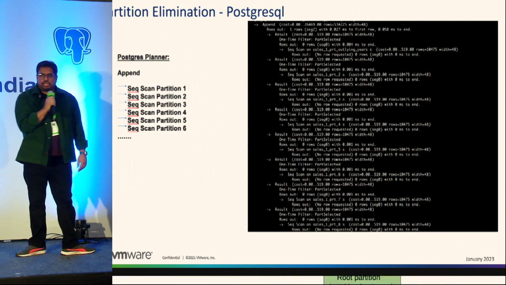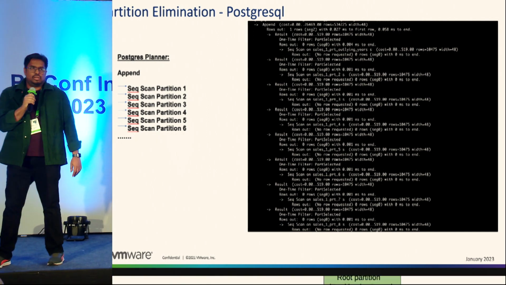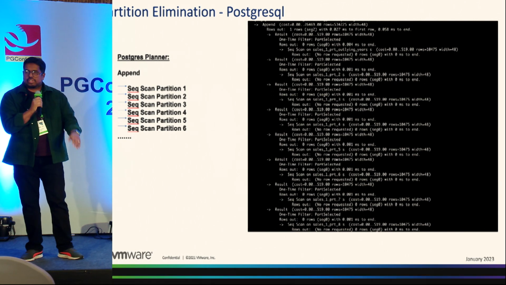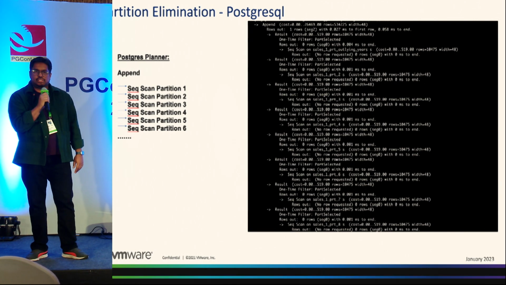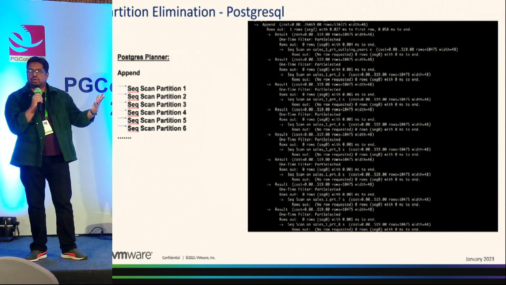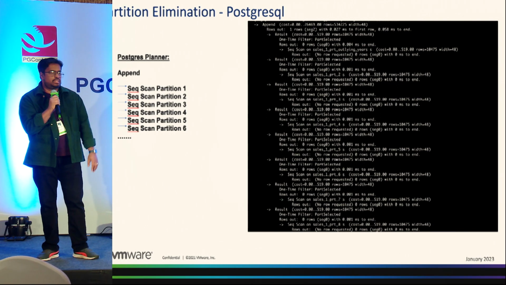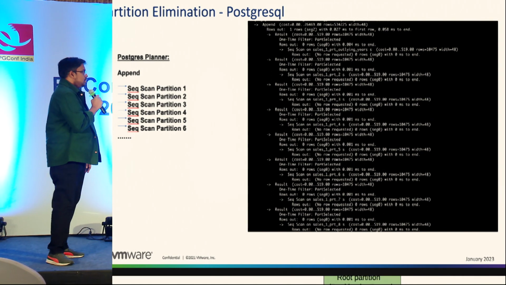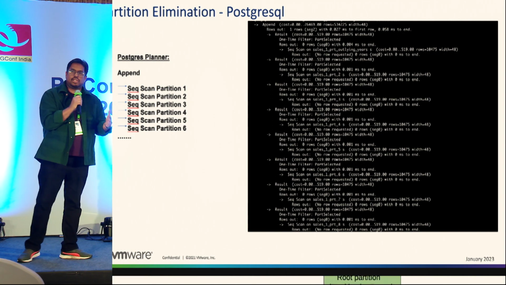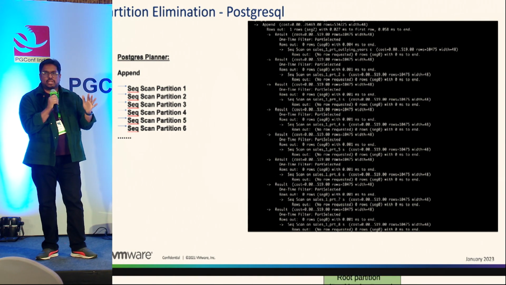When people ask us about Greenplum, it is basically a data warehousing system that's built on top of PostgreSQL. Since it's a data warehouse, it's holding a lot of data within it. It can range from a few terabytes to petabytes, and the way Postgres handles data querying sometimes may not be applicable to Greenplum.